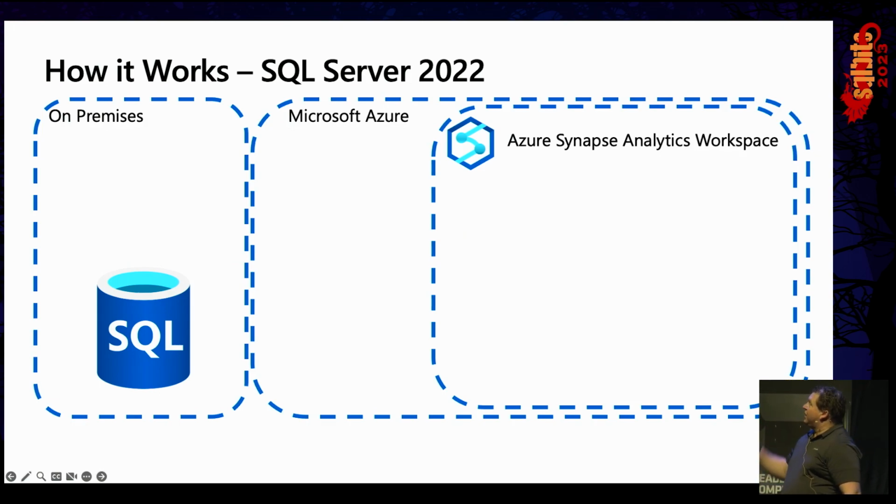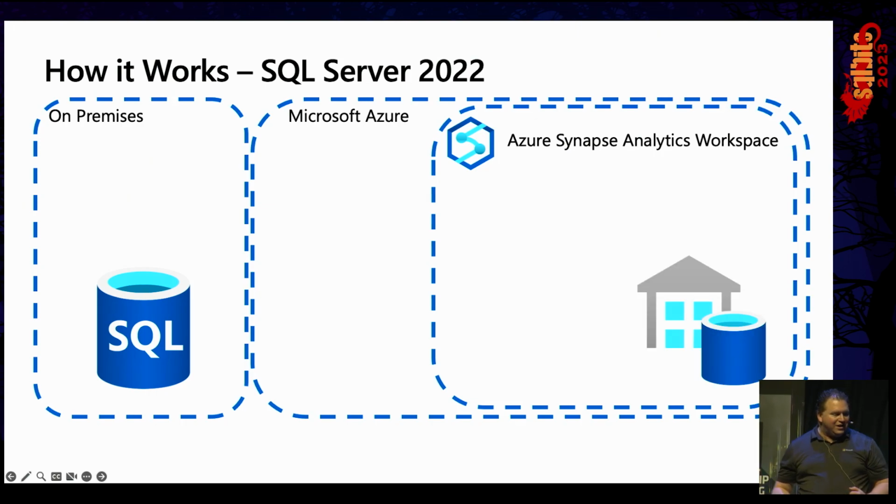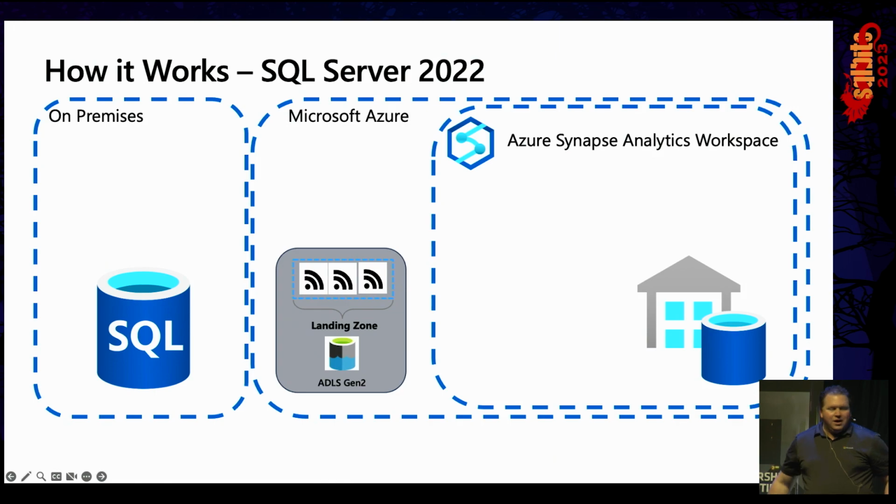In Azure, you have your Azure Synapse Analytics workspace. You have your dedicated SQL pool. Yes, it is a dedicated SQL pool. It is not a serverless data lake. It is going into a dedicated SQL pool that you create in your environment. You also create an ADLS Gen 2 storage account. We use this as a landing zone.